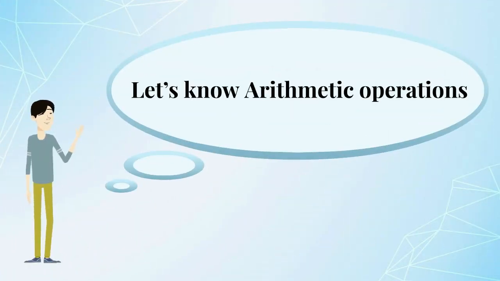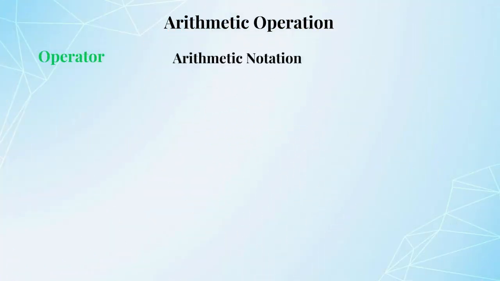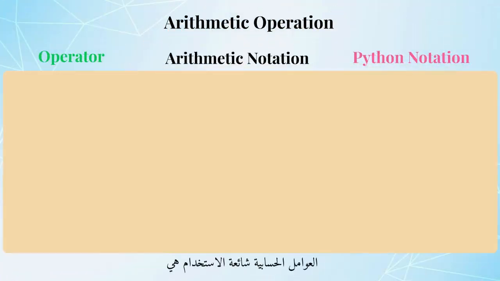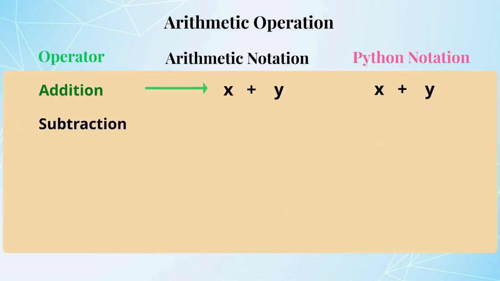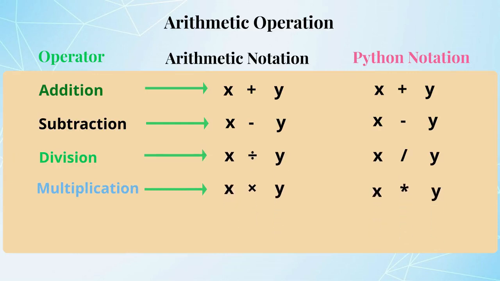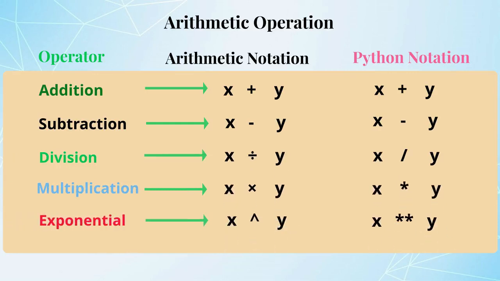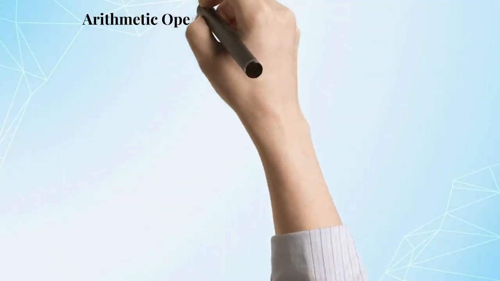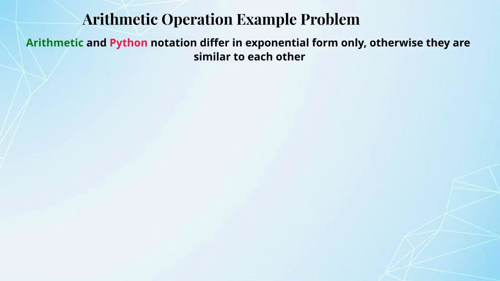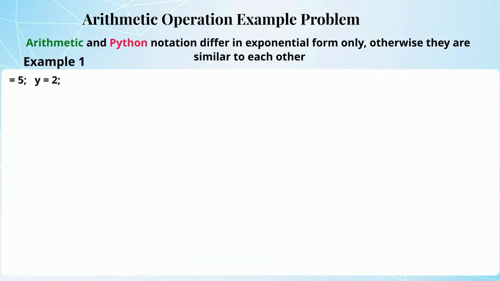Let's know arithmetic operations. The commonly used arithmetic operators are addition, subtraction, division, multiplication, and exponential. Arithmetic and Python notation differ in exponential form only, otherwise they are similar. This example problem demonstrates addition and exponential operation.